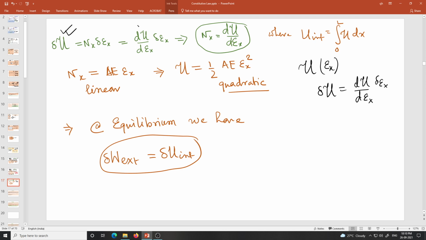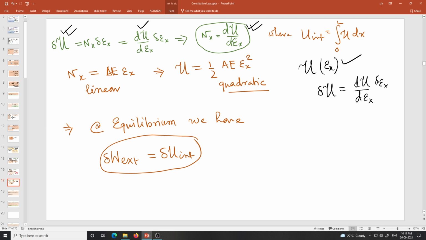So that I wrote here. If there exists any strain energy, the internal energy density, then we say that N must be equal to this one, which is the first definition of the constitutive law.